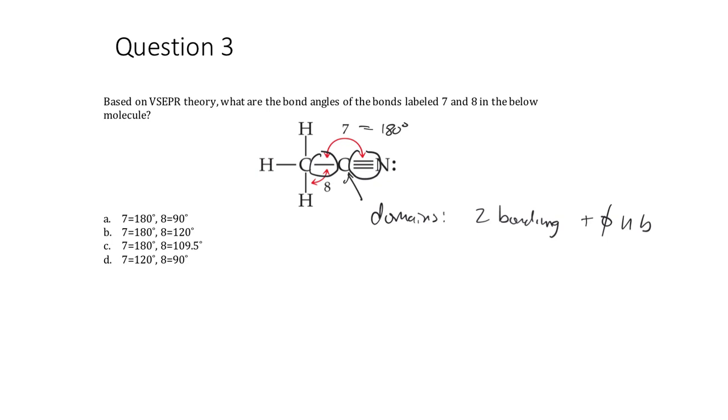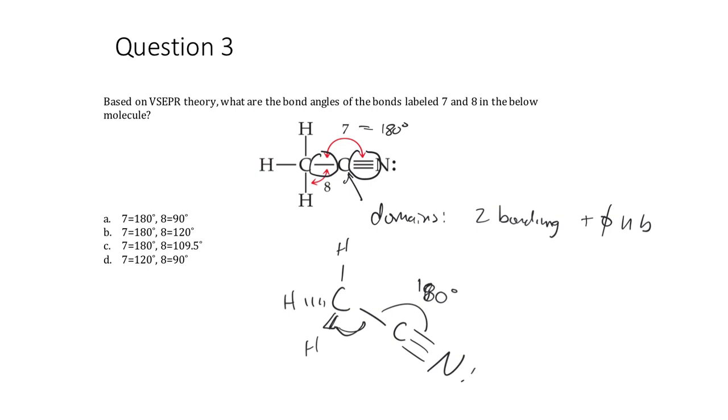Now 8, this is a trick here in a way. 8 looks like 90 in the figure, but it's not really 90. This is just a Lewis structure; we have to interpret the 3-dimensional shape. The way I would probably interpret it is by picturing a tetrahedral carbon, which would look something like this. So 180 degrees here, and then this bond angle here, or this one, all these bond angles should be about the same.